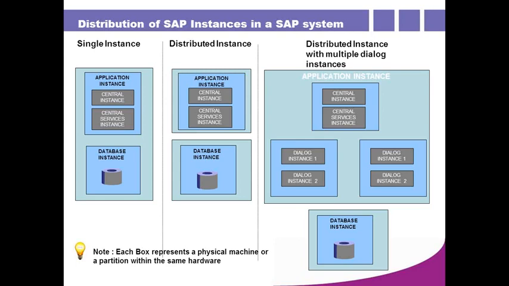But the best recommendation is that the database should be separated from SAP. Whether it is 6 instances, 20 instances or 90 instances, that is a different story. The database should be on a separate server. It is the best practice. It should be distributed like this.